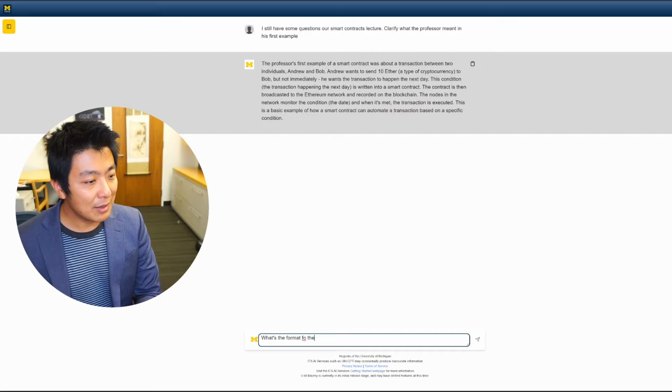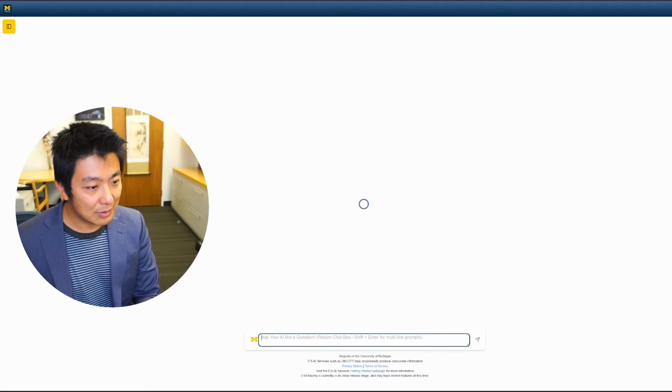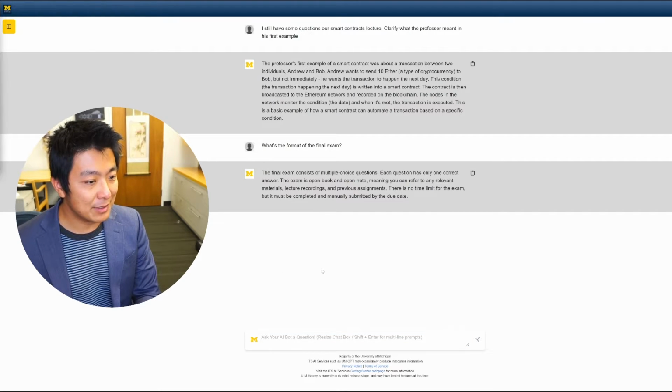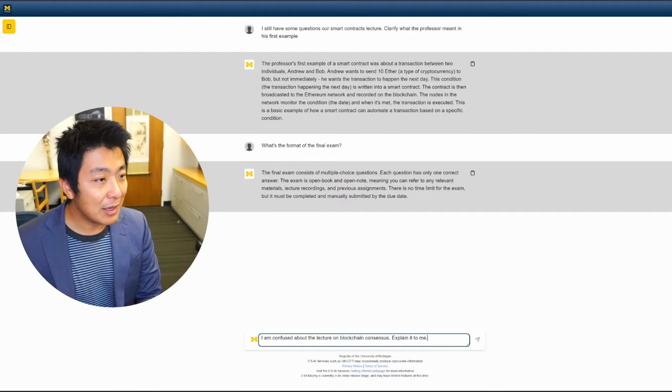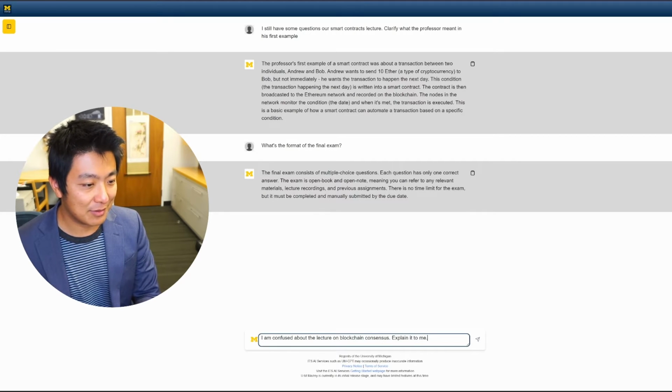Of course, it's equipped to answer other types of queries as well, like course logistics. In this case, it's pulling information from my syllabus to indicate the format of my final exam. And you can also instruct Maizey how to answer the questions.